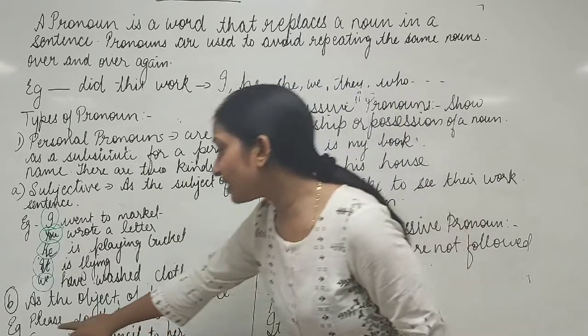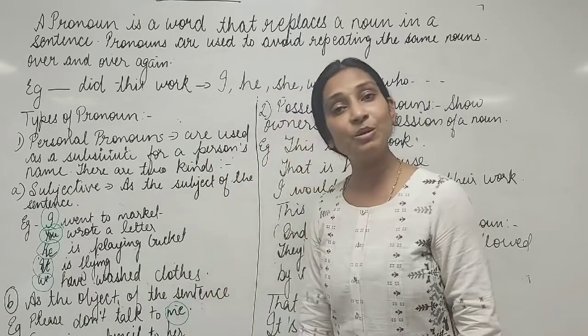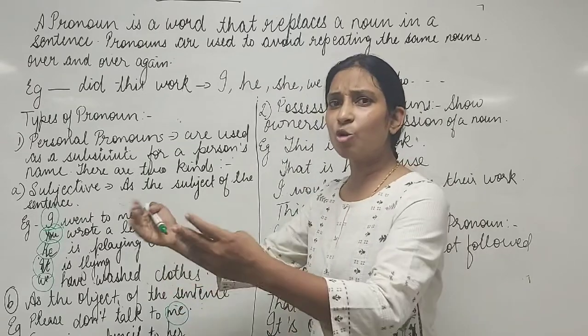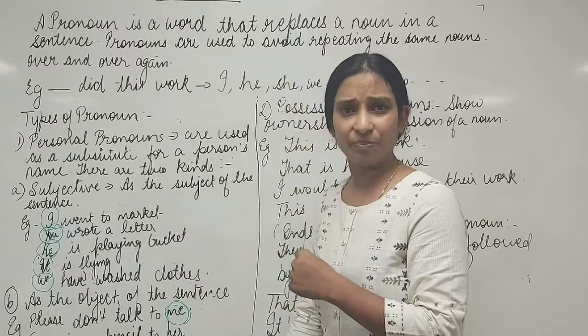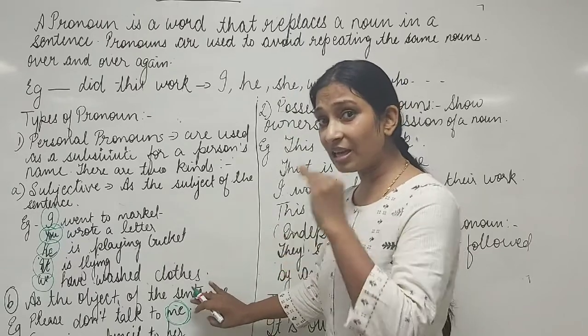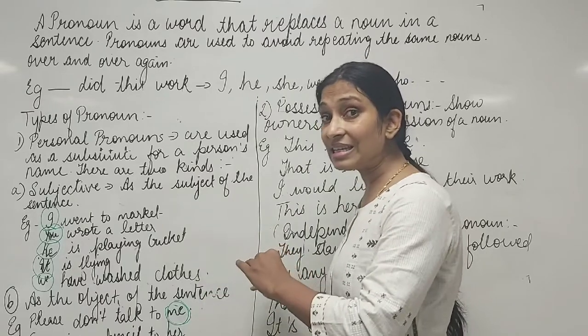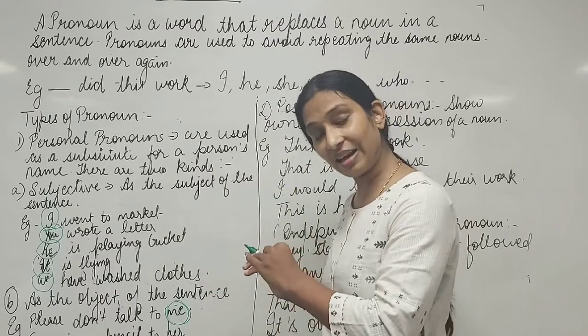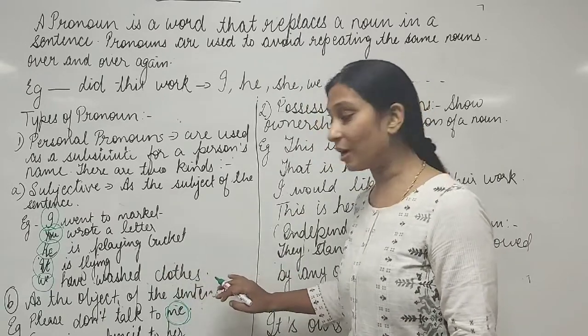Now here, if I say, please don't talk to me. Now here, me has been used. Okay, please don't talk to Seema. So instead of Seema, I have used me. Okay, it is also replacing the name of a person, but it has been used at the end of the sentence as an object of the sentence. Clear? So that's why it is known as an objective personal pronoun.